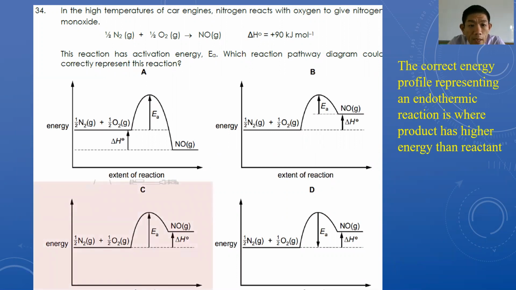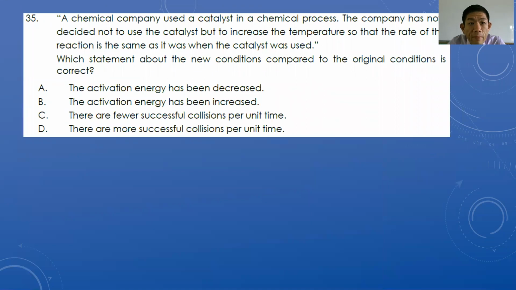And finally, for 35, a chemical company used a catalyst in a chemical process. The company has now decided not to use the catalyst but to increase the temperature so that the rate equation is the same as when the catalyst is used. Which statement about the new condition compared to the original condition is correct?